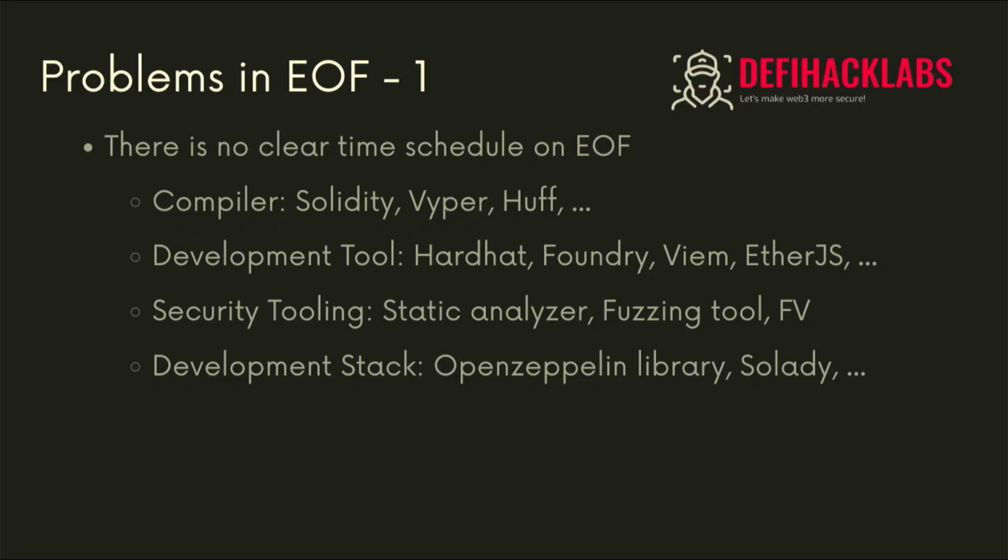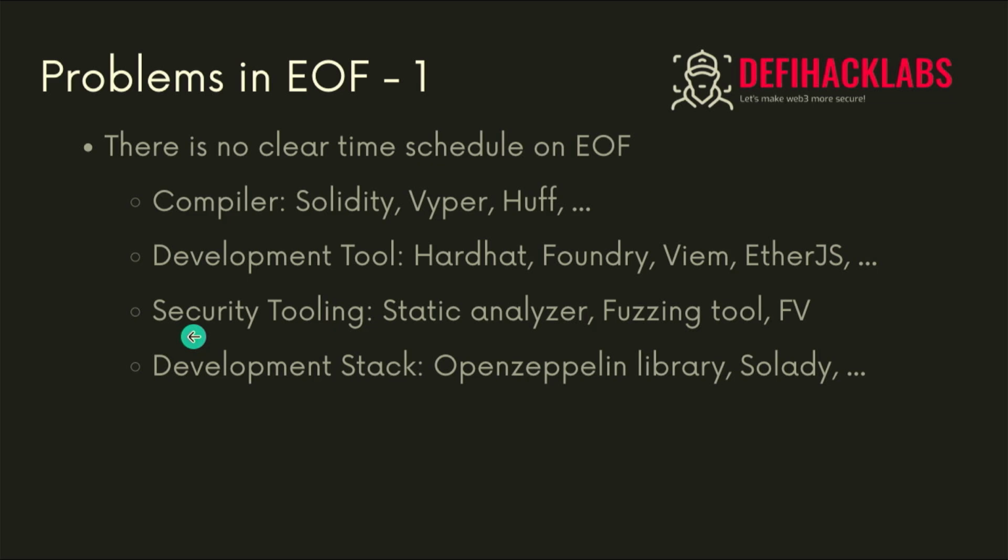And we have development tooling like Hardhat and Foundry that allows you to write unit test frameworks and also do fuzzing tests. And there are other tools like Web3.js and Ethers.js that allow front-end developers to integrate smart contract interactions into their front-end framework.